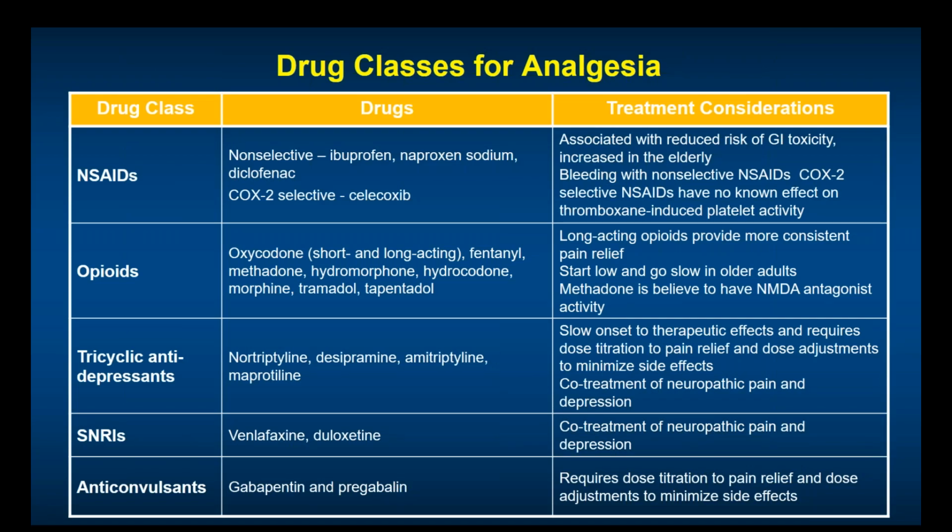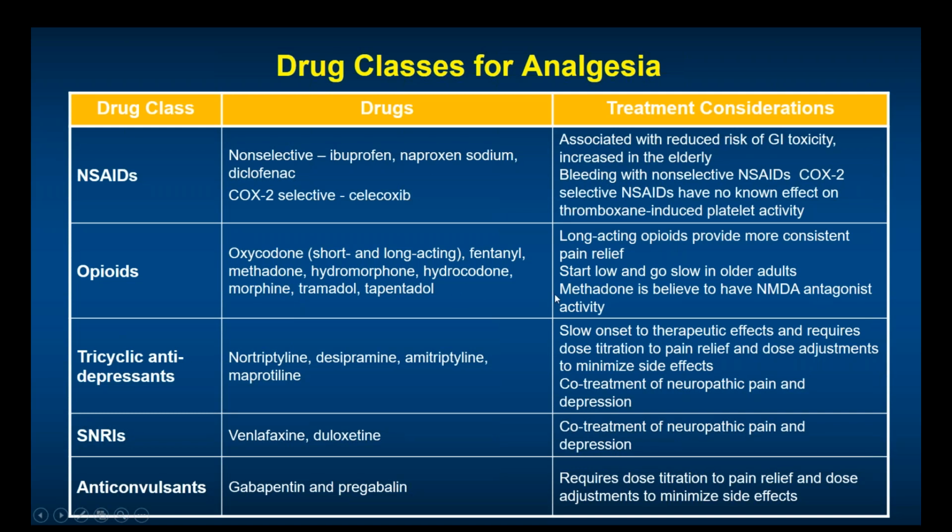And multimodal analgesia, these are the drug classes that are most commonly used. This is really nothing new, and I'm sure you're all familiar, but it's combining these drug classes for a greater effect on pain. I do want to draw attention, you're familiar with the different opioid analgesics, but I do want to draw attention to methadone.